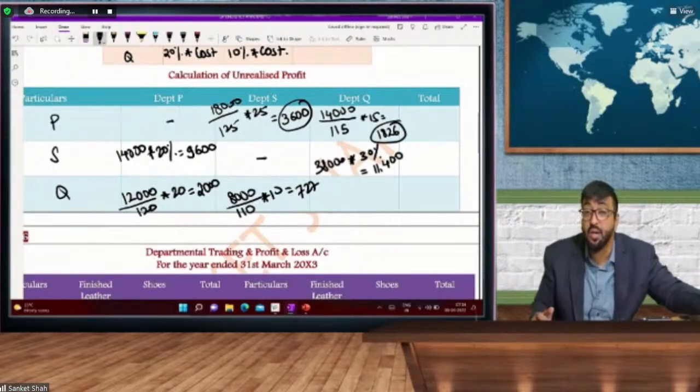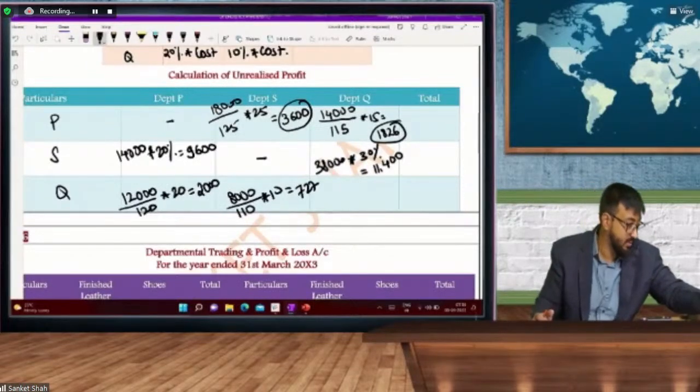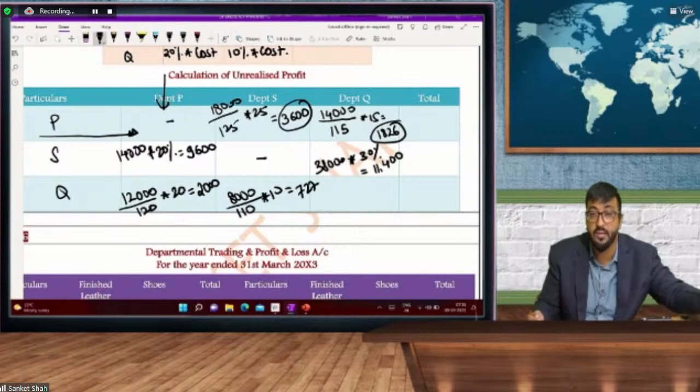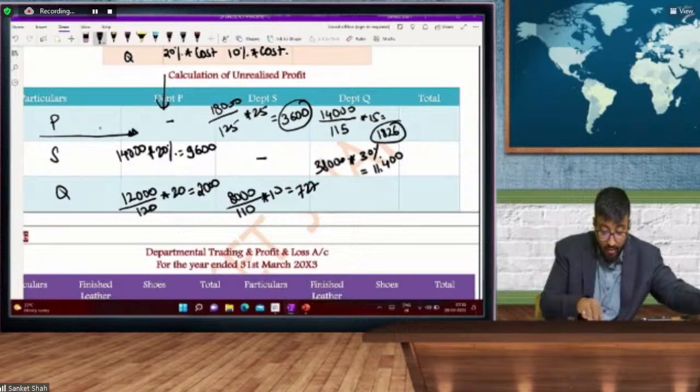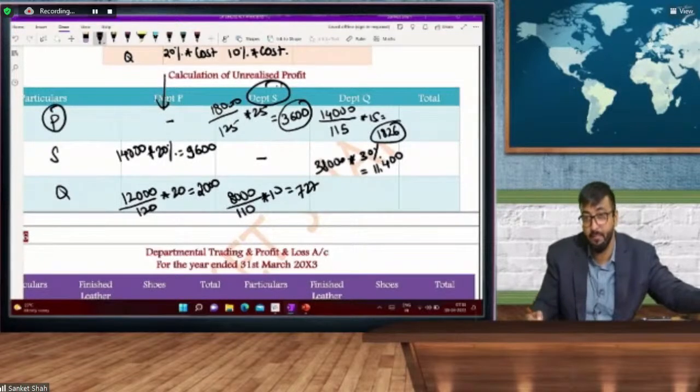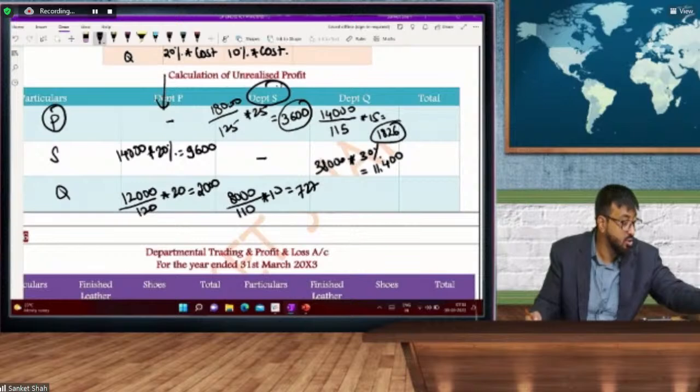Don't take vertical totals, take horizontal totals. Okay, don't take the vertical total; take the horizontal total. Why? Because P is getting unrealized profit. He is son and P is dad. So dad's profit is in son's stock. So how to take the total, beta, vertically or horizontally?